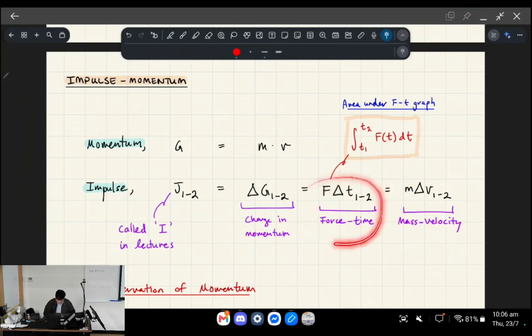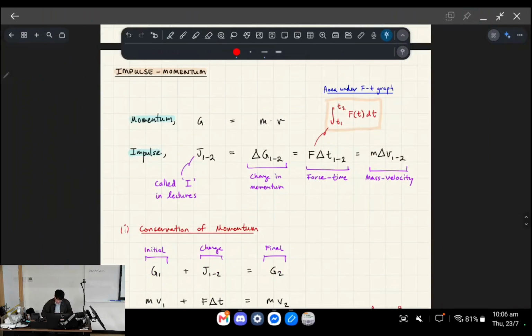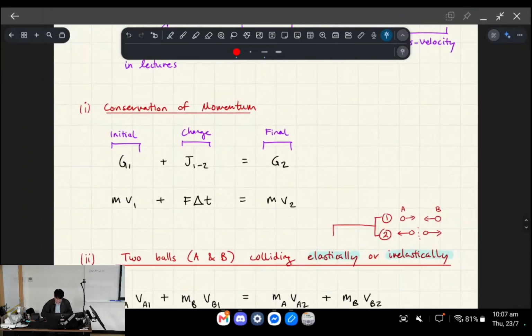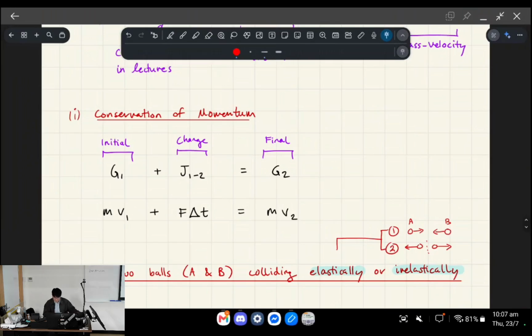The first one is the force-time relationship, and the second one is the mass and velocity relationship. That's going to help us solve a bunch of questions. Another thing to realize is you can think of conservation of momentum as: you have some initial momentum in your system, you add the change on, and then you get the final momentum.